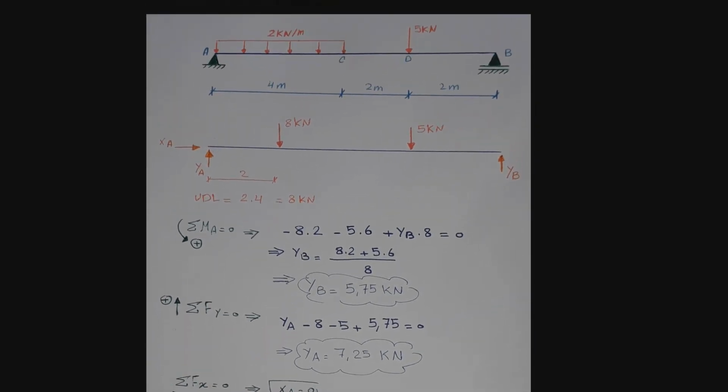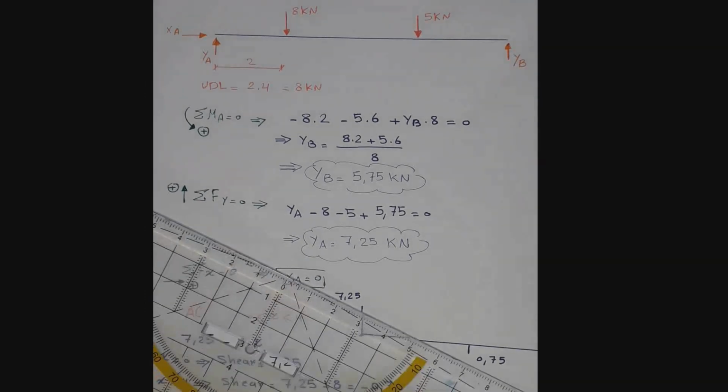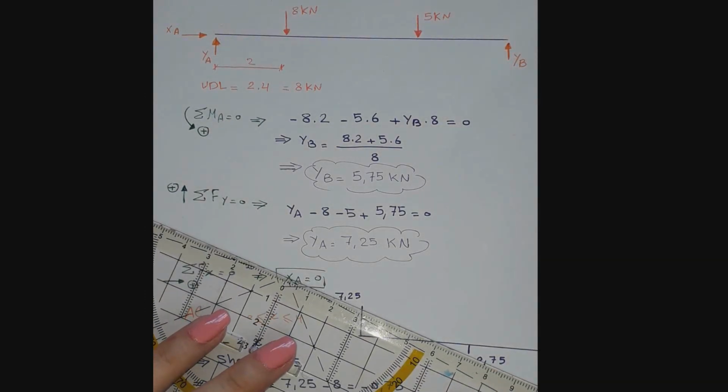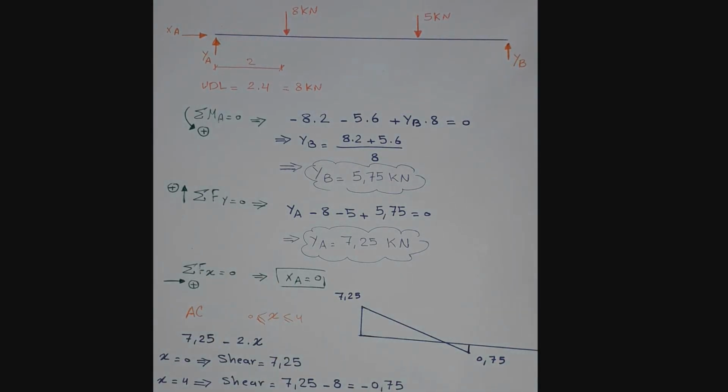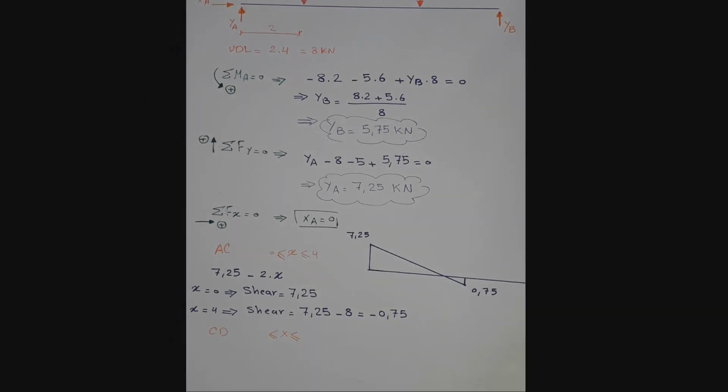And because this distributed load is in a rectangular shape, we are going to draw a line in between the segment CD. X at this segment is between 4 and 6.